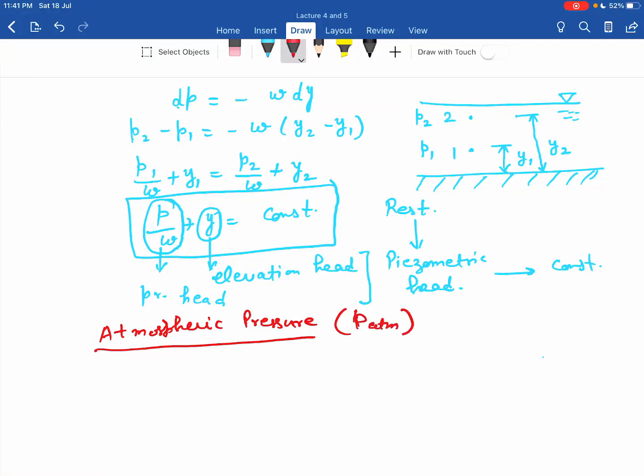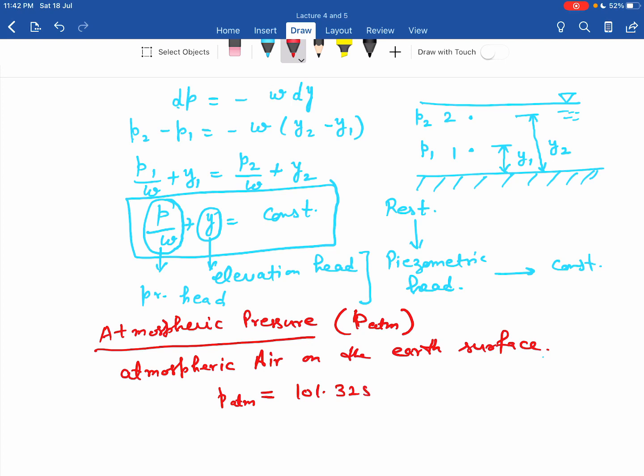This is the pressure exerted by atmospheric air on the Earth's surface. Its standard value is 101.325 kilopascal, or it is also called 1 atmospheric pressure.